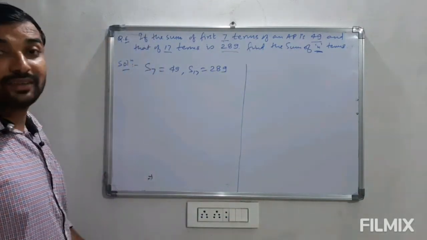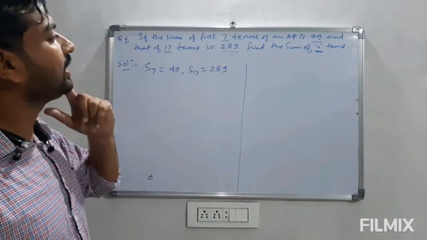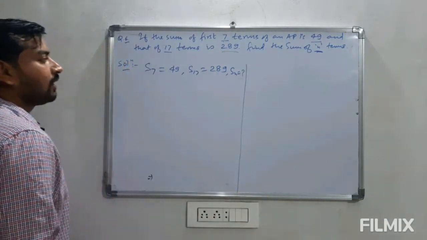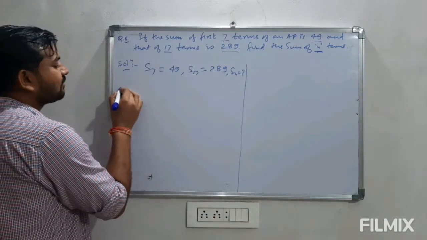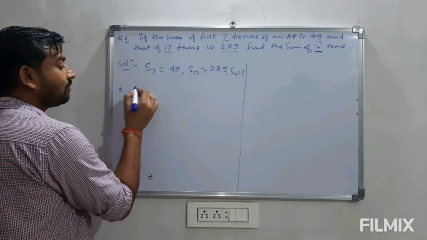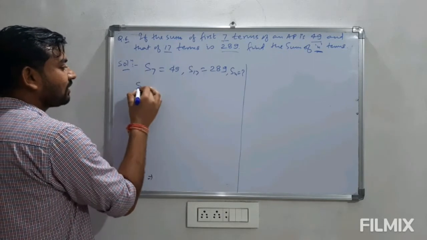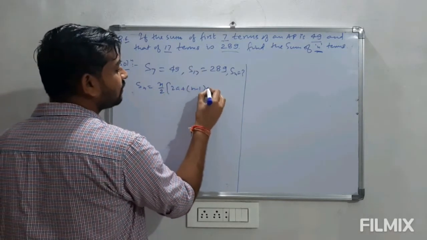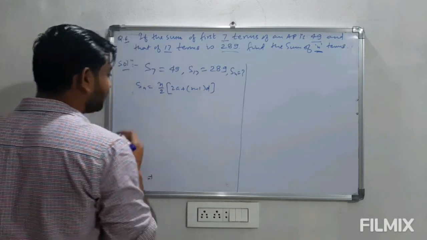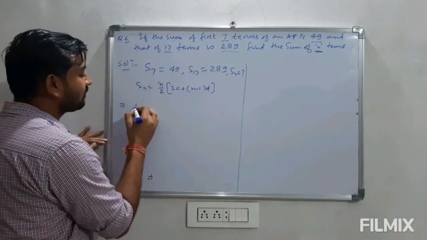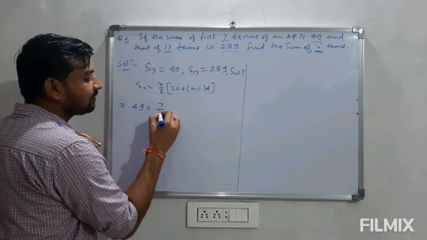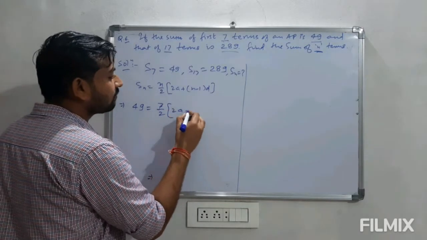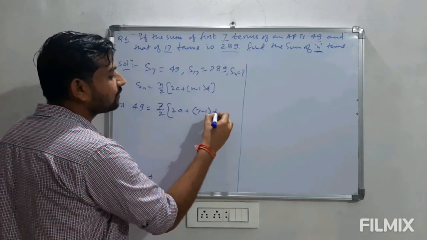Let us assume that the first term and the common difference are a and d respectively, and here we have to calculate the value of Sn. So whatever is given to us, let us simplify and write. S7: we have to use the relation Sn is equal to n by 2 times (2a plus (n minus 1) into d). Now the Sn in the first case is 49 where n is 7, meaning when the number of terms is 7, the sum is 49. 2a plus 7 minus 1 into d.